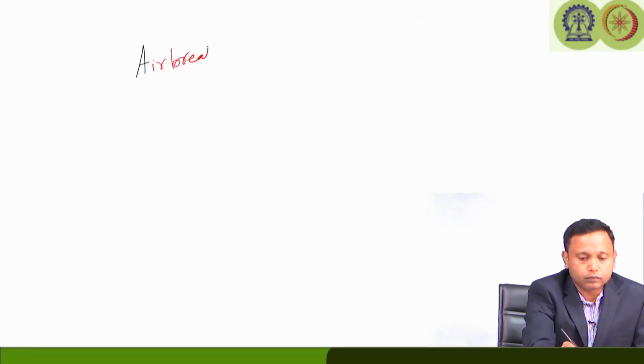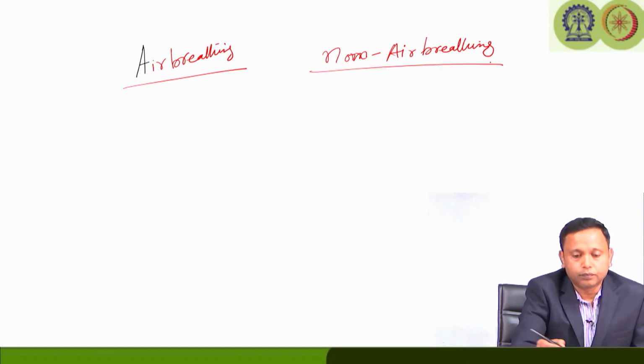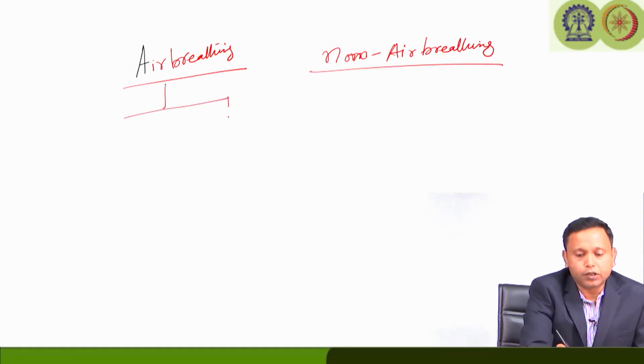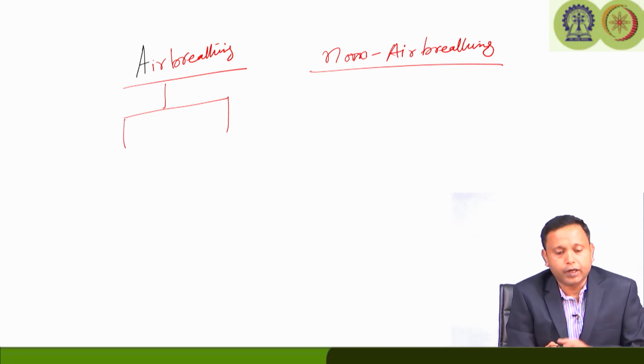One is air breathing, and the other is non-air breathing. Air breathing means it is taking oxygen from the atmosphere, that means it is taking air and using the oxygen for the combustion.